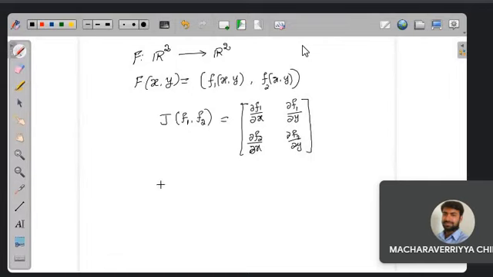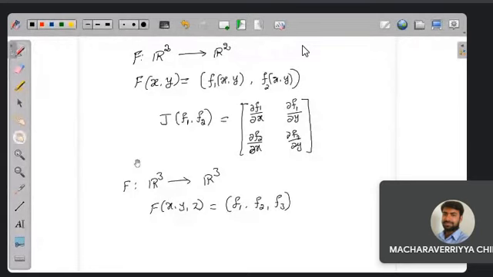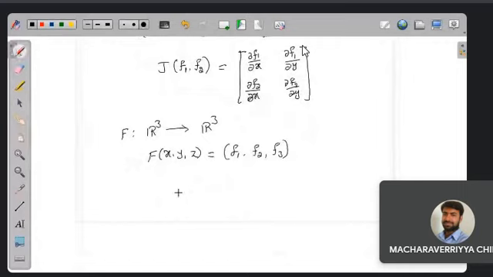Similarly, if you have a function from R3 to R3, okay. So then what is f of x, y, z? Now f of x, y, z, three variables will come. Alright. So now here I have f1, f2 and f3. So each fi is a function of x, y, z again. Now if you see what is the Jacobian of f1, f2, f3, you may simply write it like this also, df.